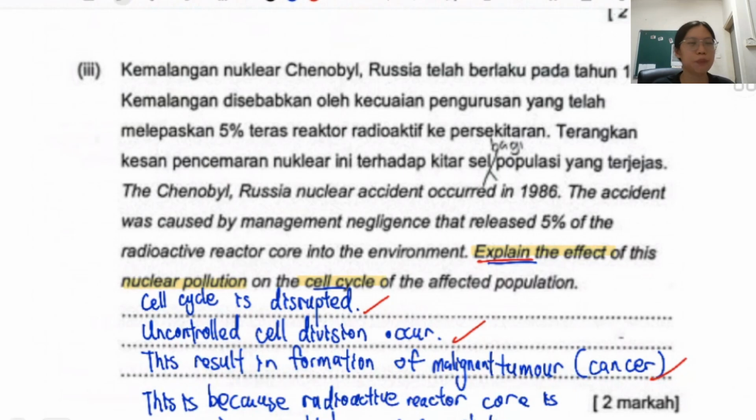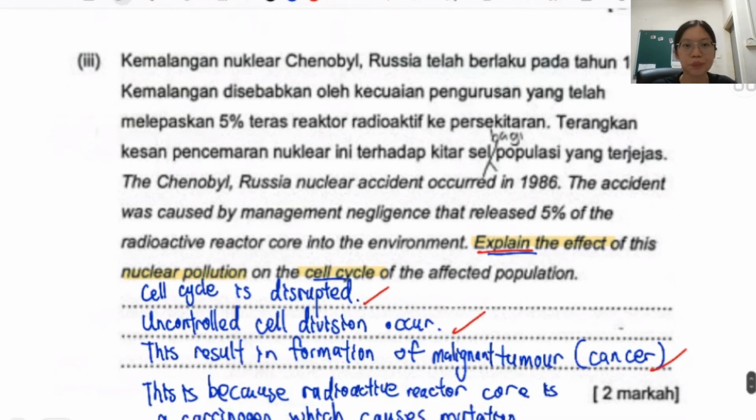But if you have a malignant tumor in your pancreas, which is a cancerous cell, it will actually spread through your blood circulatory system or the lymphatic system to maybe your liver, other organs, and your other organs will also get affected, will also form tumor. That's why cancer is divided into stage 1, stage 2, stage 3, and stage 4.